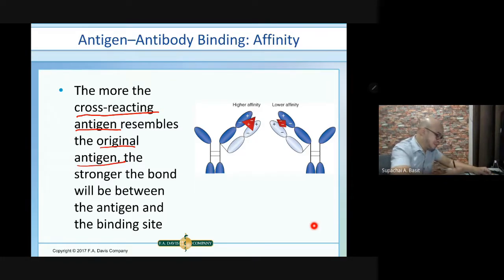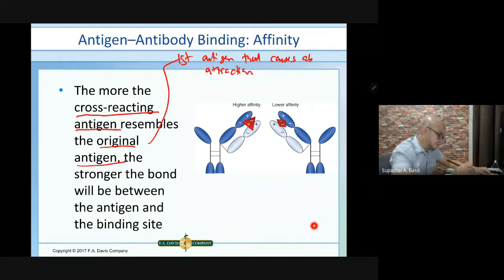When you say original antigen, it is the first antigen that causes antibody attraction. It is really the one that initiates antibody attraction. So that's what you call the original antigen.